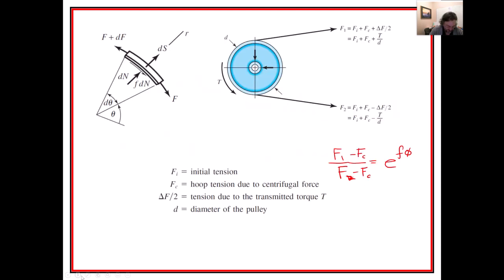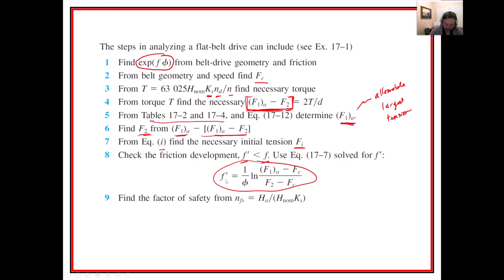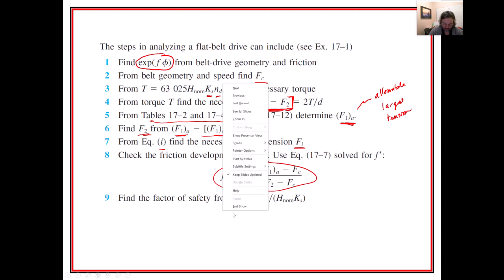We're taking the natural log, and they're getting out the coefficient of friction. And then we find the factor of safety from the actual divided by the nominal and the service factor. It's kind of weird because when going through all this, you tend to get the same service factor from the beginning. But I'll try to explain all of this as we come through.